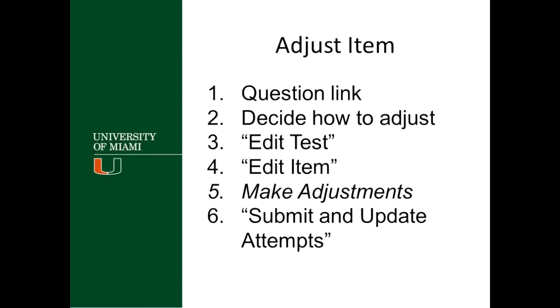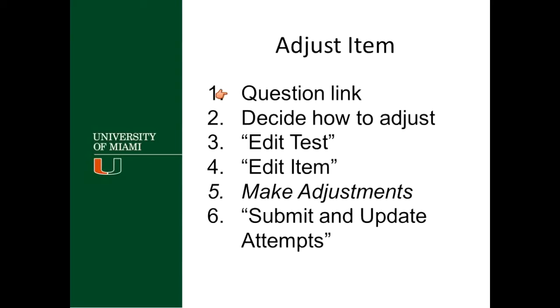The next part is to adjust the item. And as I said, this one is already adjusted, so we'll adjust it back the way it started and go through the process twice. To adjust the item, you click on the question link, and that will bring up the details, that grid, I'll show it to you again, of the question and how many were in the top 25% and bottom 25%.